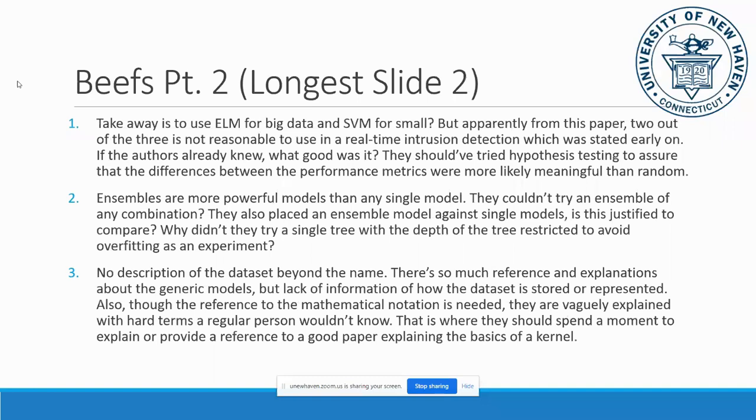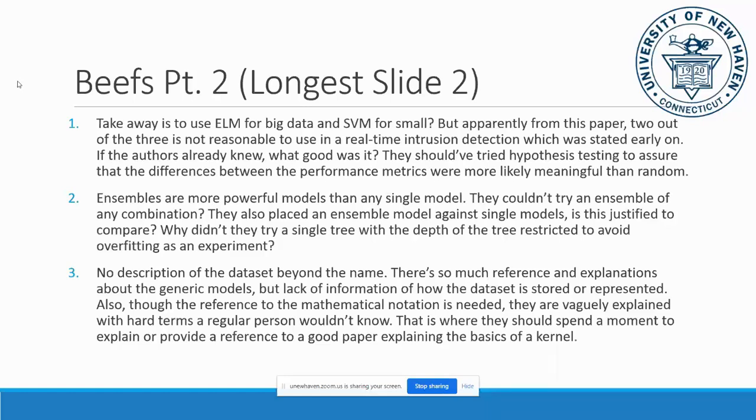I have more. Another one I had a problem with is that for the conclusion, they pretty much made two statements: that ELM is used for big data and SVM is used for smaller data. But the problem with that for me is that it means only one is really meant for real-time intrusion detection, since RF is not really good for real-time intrusion detection.